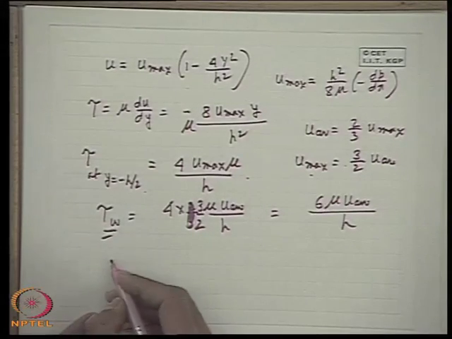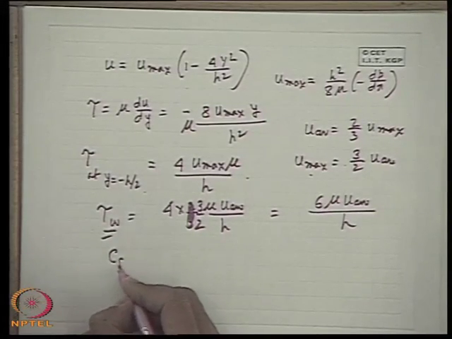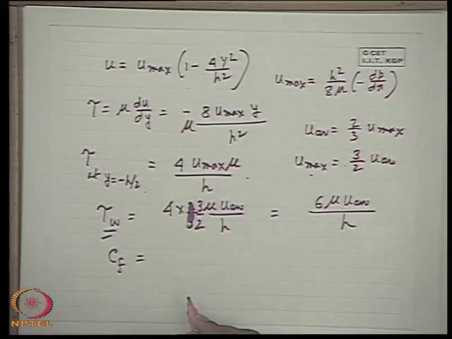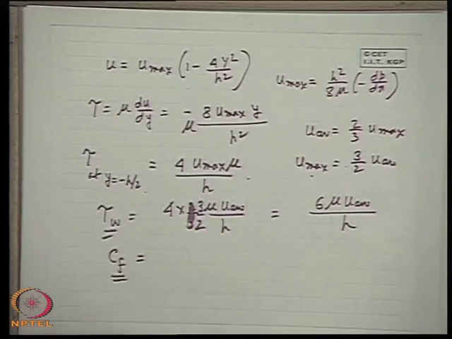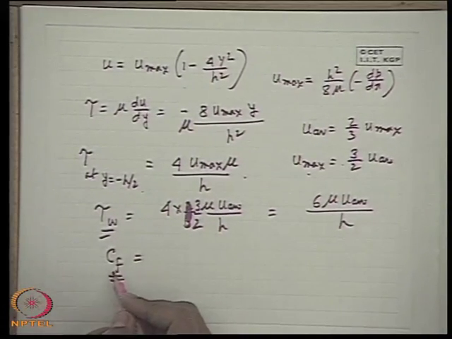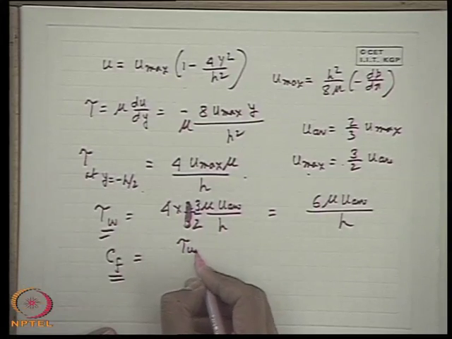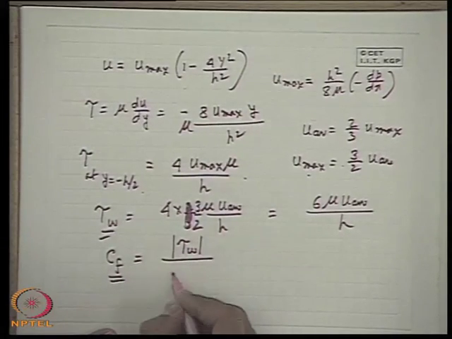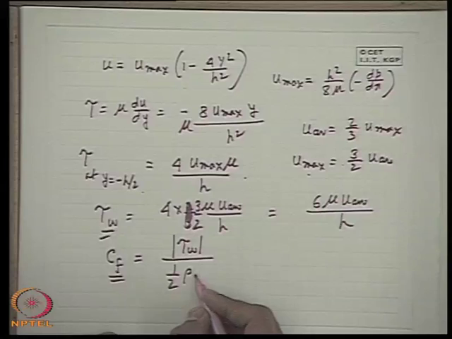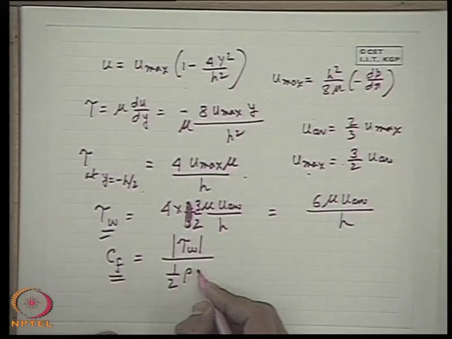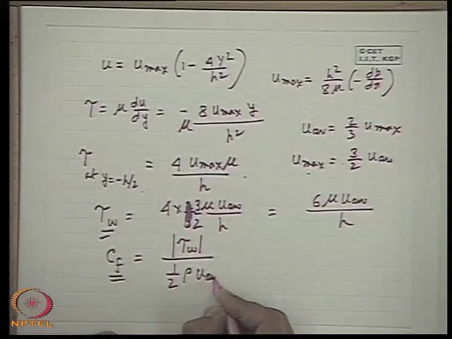Now, if a friction coefficient Cf is defined, this is known as Fanning's friction coefficient, which is defined as tau w by half rho u square. Here in this case, it will be defined as u average square.